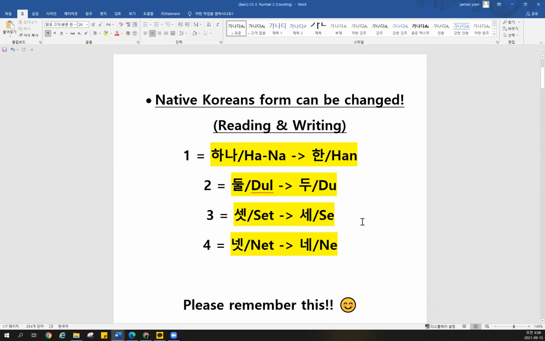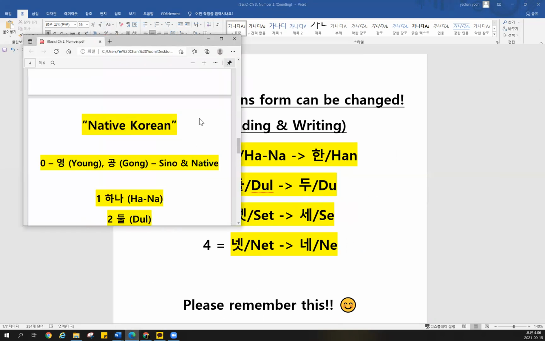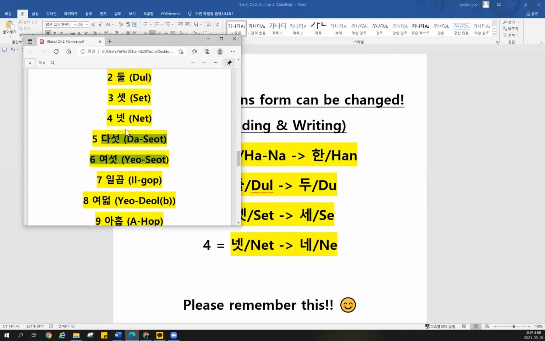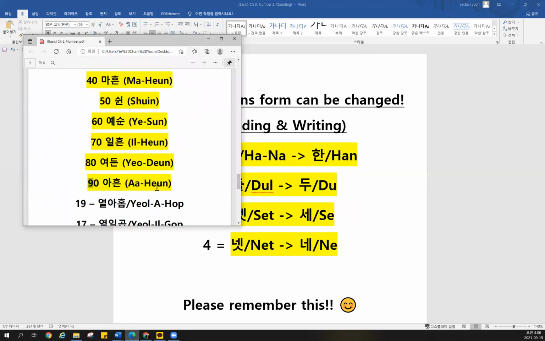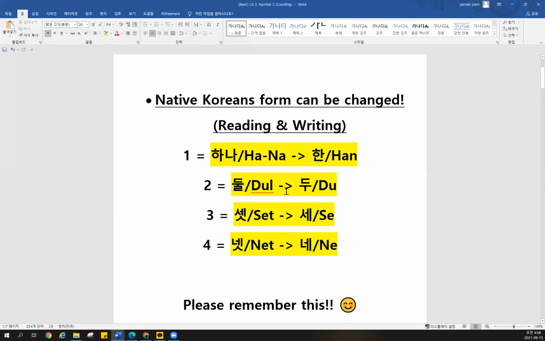So this is the list where the word form is changed. Only 1 to 4. The other numbers, from 5 onward, like the other words that we learned before, are still the same. This is our previous class notes. From 5 until here, it's going to be the same, but 1 to 4 change a lot because in a lot of situations we have to use those numbers most frequently, right?